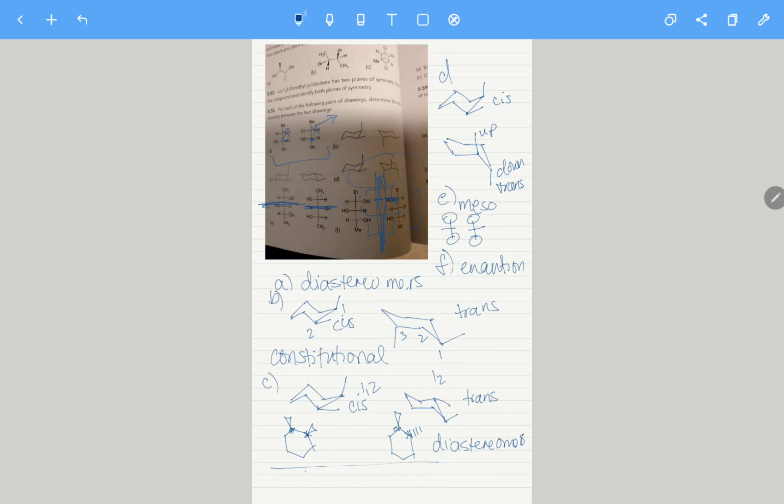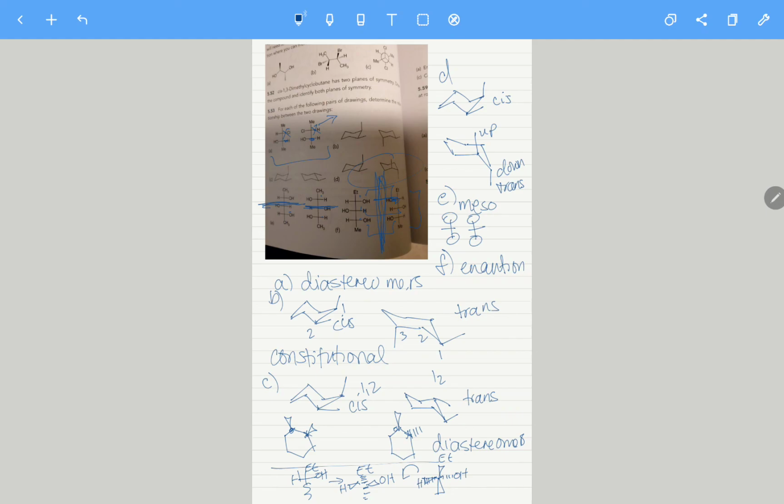I'm not going to draw out the whole structure, but we assume that this looks like this as drawn. And if I were to rotate it, you're going to end up with it looking like this. And these would not be the same.